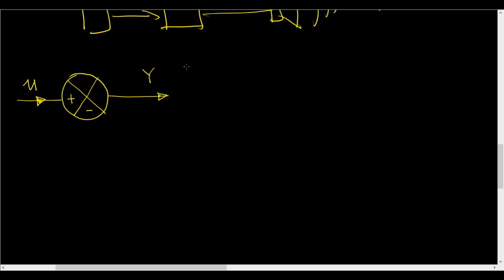Let me erase that to indicate I'm still talking in Laplace domain, I mean capital U. What I mean is when something comes in here, let us say this is z, then y is equal to u minus z. It is just simple subtraction over here.